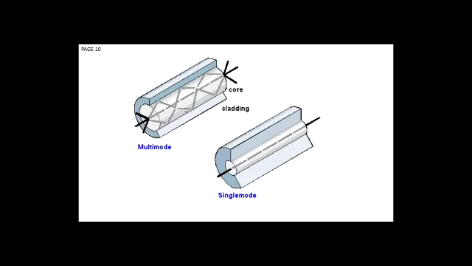Now, the core and the cladding are both quite pure glass, except that the purities are a little bit of a different grading in order to create different indexes of refraction.